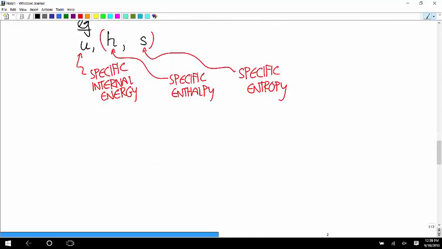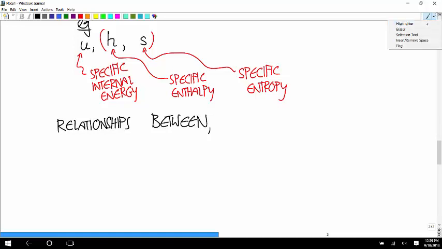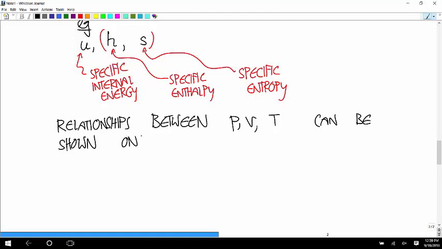Okay, so relationships between pressure, specific volume, and temperature can be represented by a 3D surface that's called the PVT space.